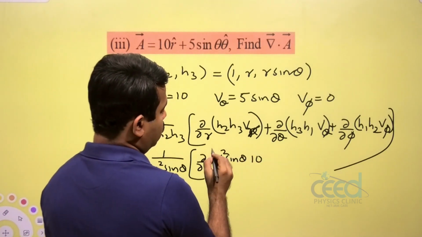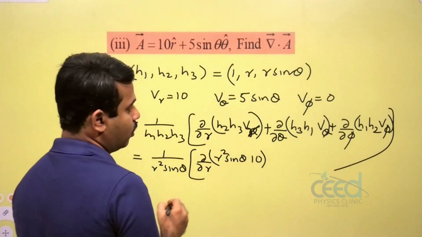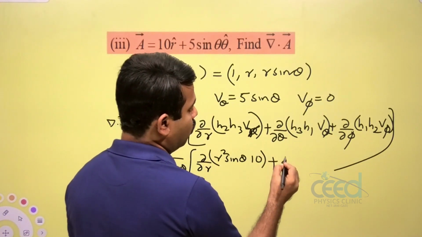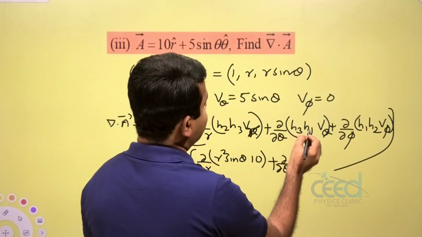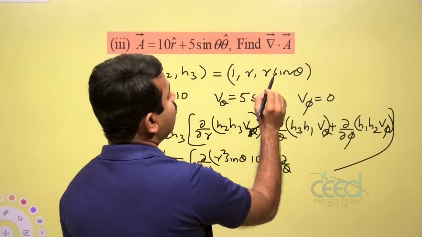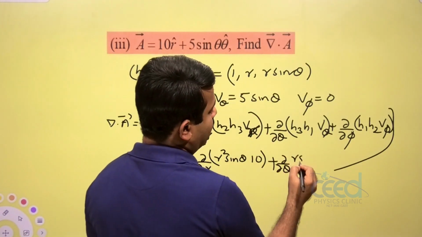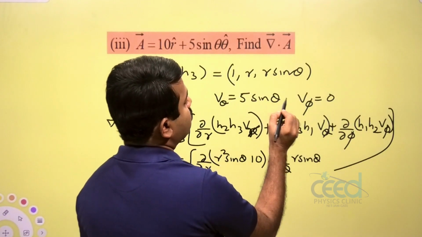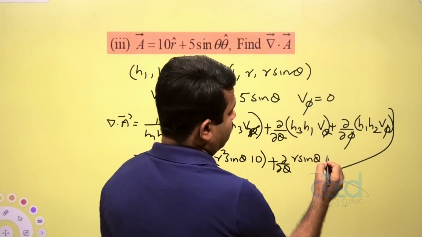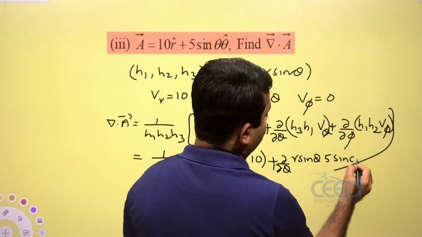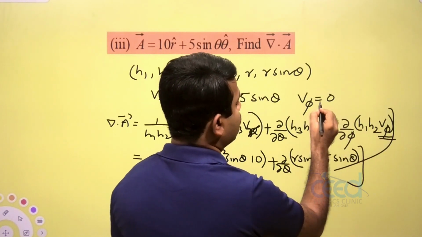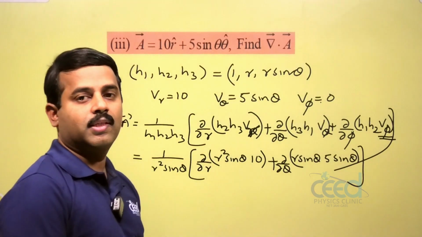Now dou by dou theta of h3 h1, that is r sin theta, into V_theta, which is 5 sin theta. The next term we need not write, because V_phi is equal to 0 as given, so that term doesn't exist.